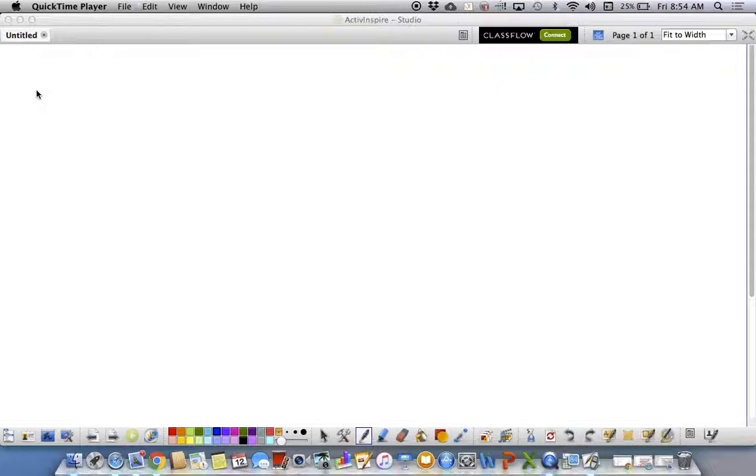Alright, so a unit vector, like a unit circle, has a radius of 1. A unit vector has a magnitude, a length of 1.